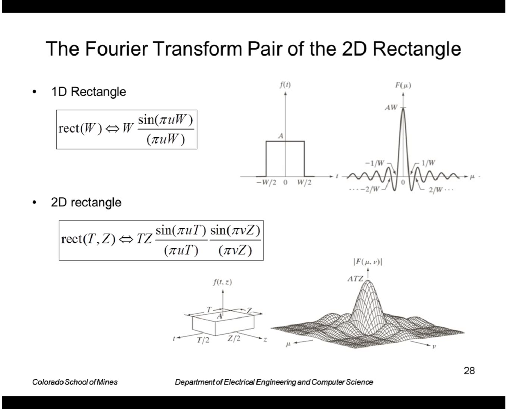Okay, let's look at the Fourier transform of the rectangle function. Recall that the one-dimensional rectangle had a Fourier pair of a sinc function. The two-dimensional rectangle, which is the product of these two, has essentially a sinc function in 2 dimensions, where these lobes could be different depending on the size of the rectangle in both dimensions.